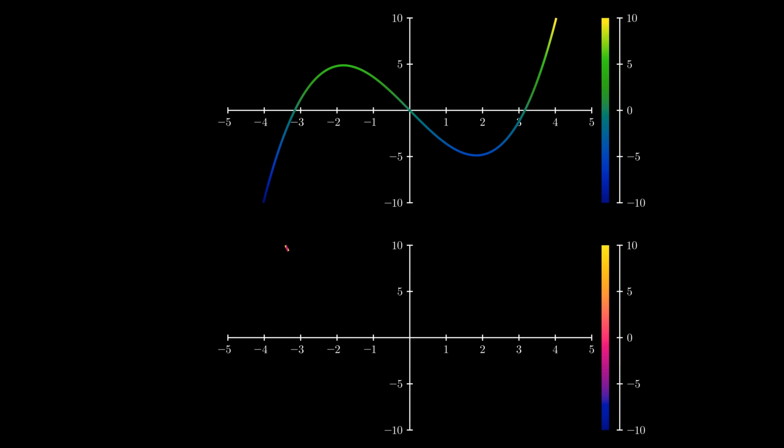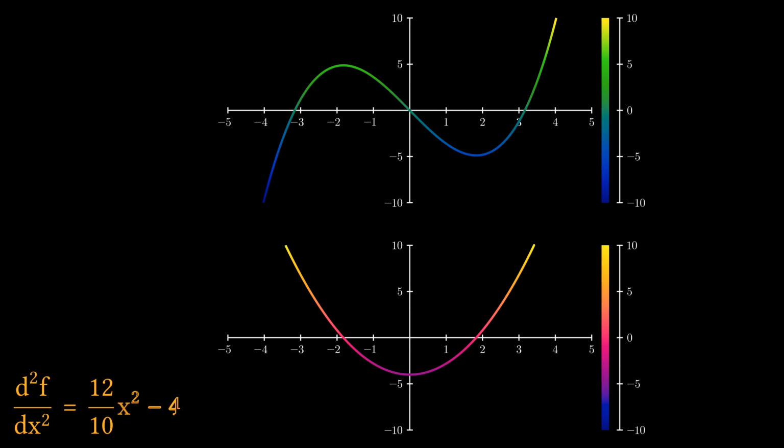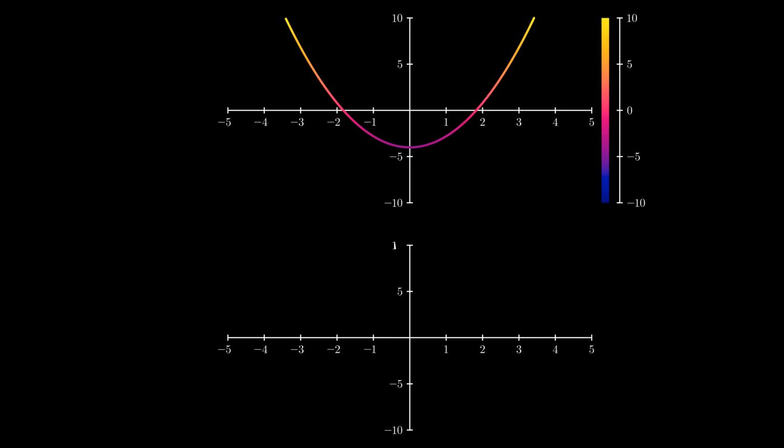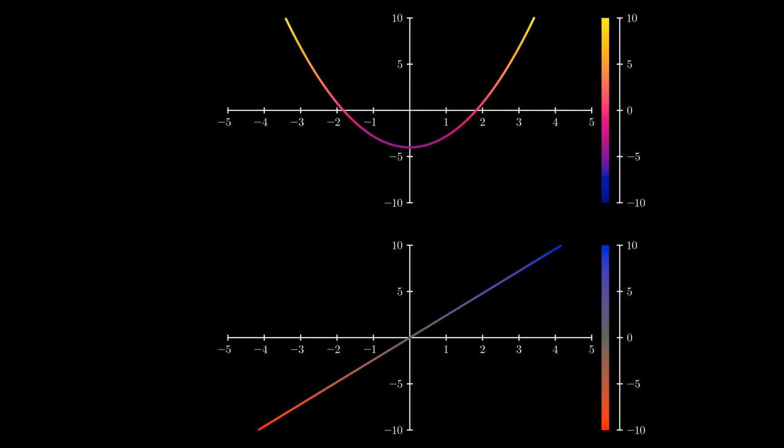Applying these derivative rules to the derivative, we would find that the derivative of the derivative is the function d squared f over dx squared equals 12/10 x squared minus 4. The notation d squared f over dx squared is a notation for a second derivative. Likewise, if we repeated the process to get the third derivative, we would get d cubed f over dx cubed equals 24/10 x, with d cubed f over dx cubed being the notation for the third derivative.